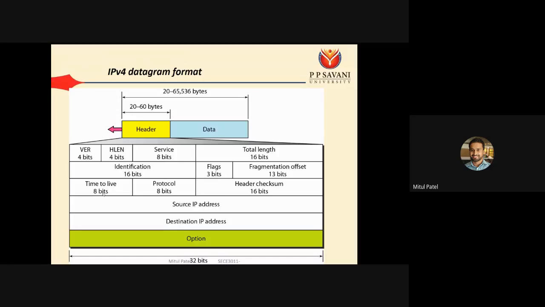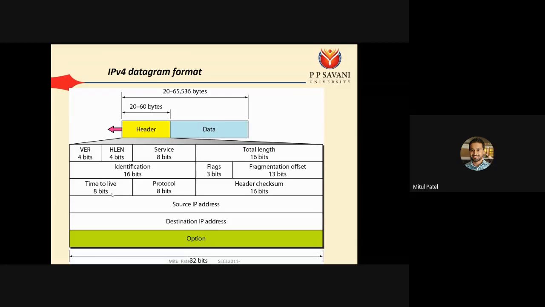Now what is going to happen? As soon as the packet goes to the next router, the TTL value is decremented. So 20 becomes 19. Then again it goes to another router, and the TTL value is decremented: 19 becomes 18, 17, 16, 15. Finally, if the TTL value becomes 0, then whenever a packet arrives at a router, it first checks the TTL value. If the TTL value is 0, that indicates this packet is corrupted and it is going to be removed from the internet.